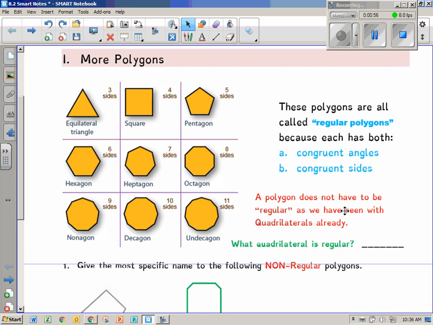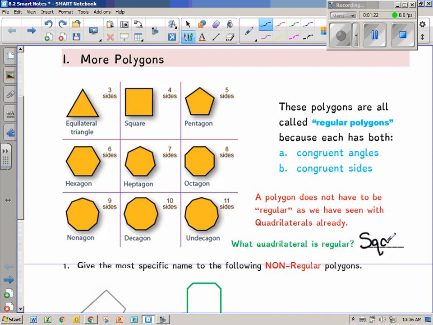A polygon does not have to be regular, as we've already seen with quadrilaterals. We had a lot of quadrilaterals where all the sides and angles were not congruent, but they were still polygons. So the quadrilateral that is, quote, regular, as far as geometry terms go, is the square.